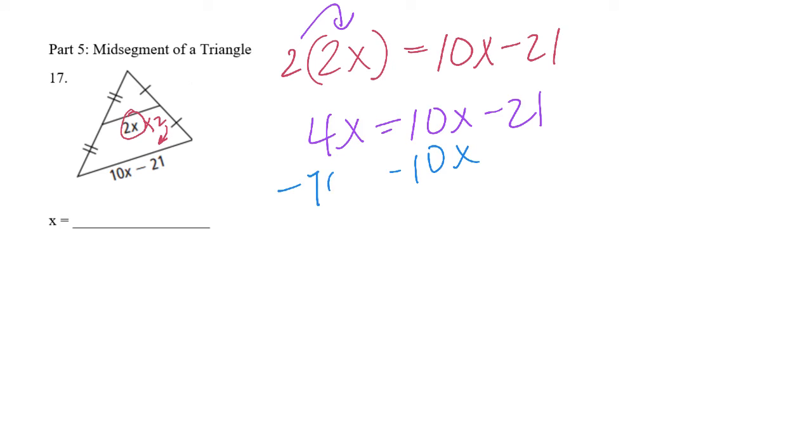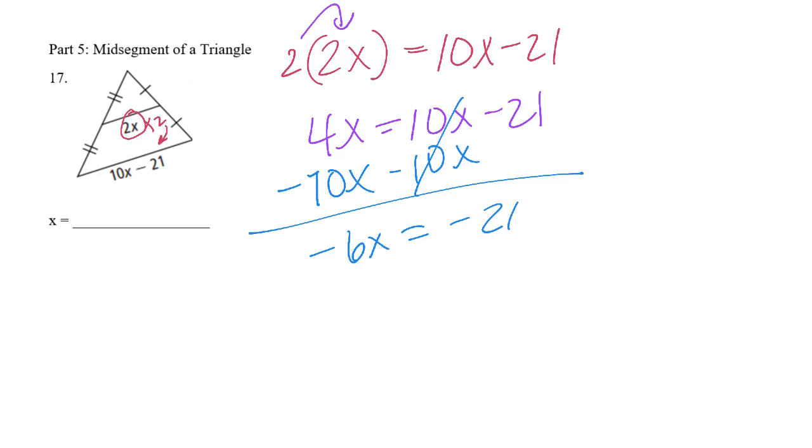I know it's weird to move the 10x, only because normally we move the smaller one. So negative 6x equals negative 21. But we just really wanted to move that. So divide by negative 6. So x equals positive 3.5.